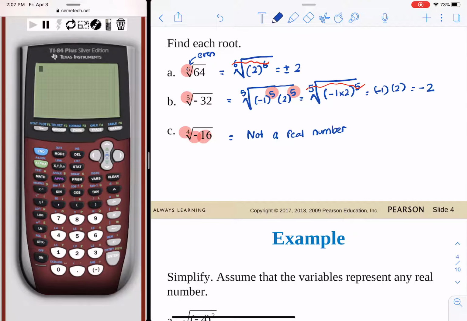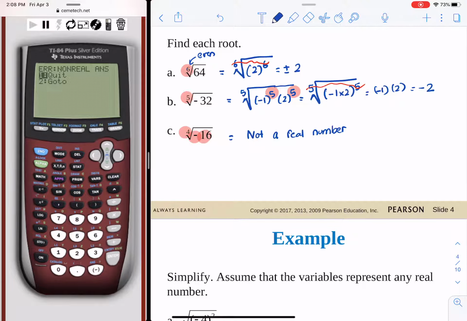For instance, I could put -16 and raise it to the power of 1/4, because we're trying to find the 4th root. And enter, we end up getting an error, and if you closely observe the error, it says non-real answer.